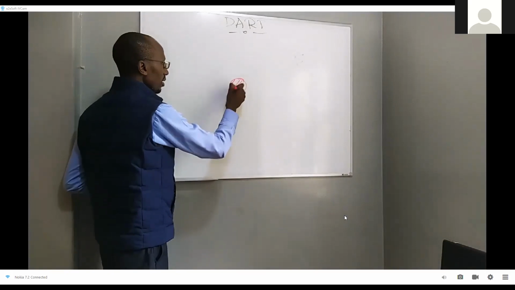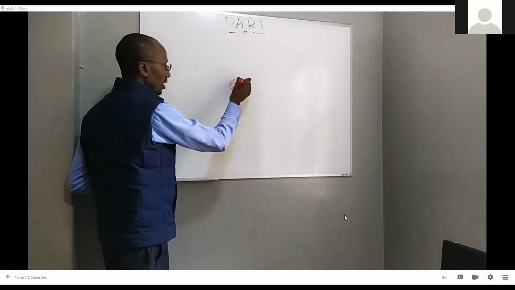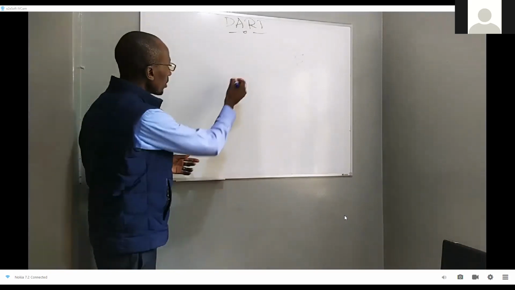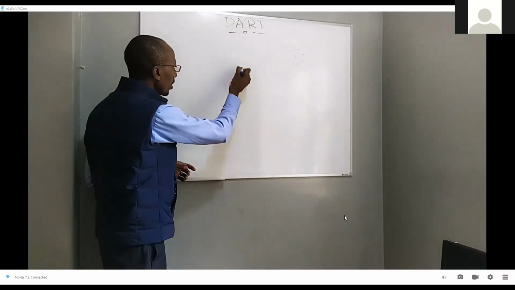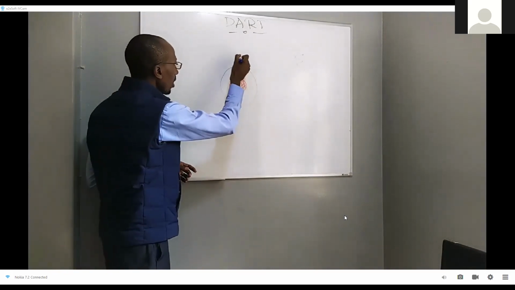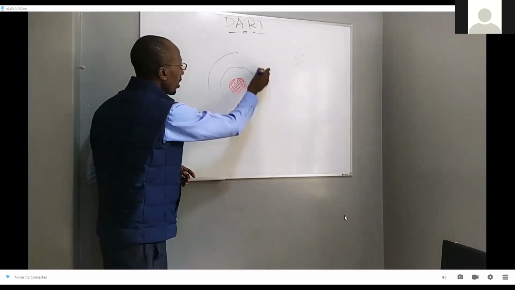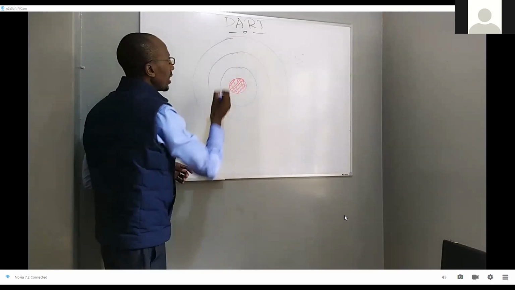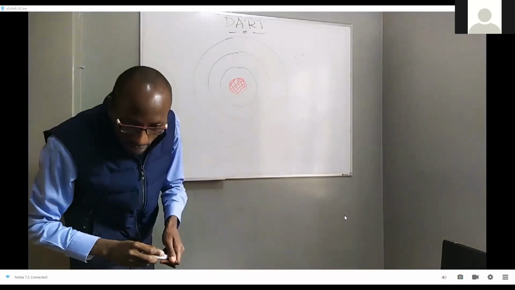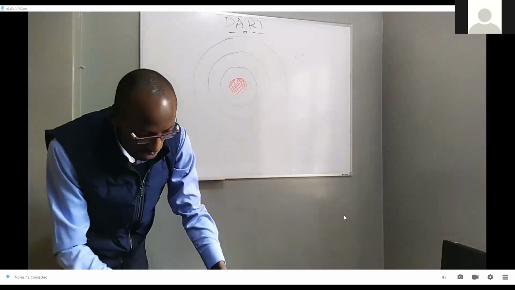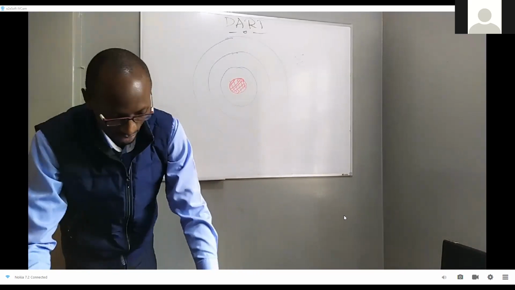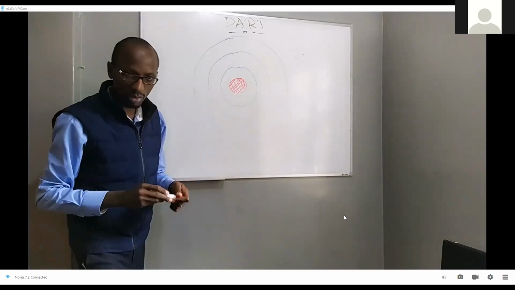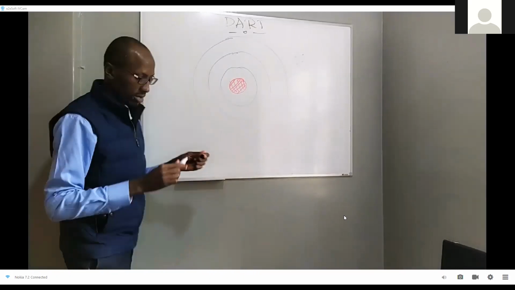This one becomes the bullseye. So it'll allow me to quickly draw this. I don't know if you guys can see. Where's the black marker? There you go.